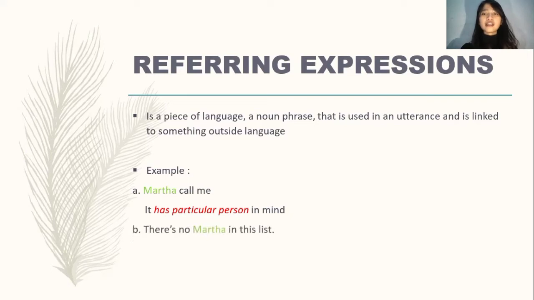And the second one is "There's no Martha in this list." It has no particular person in mind. Why? Because maybe in that list there are many Marthas, and we cannot specify, or we don't know, which Martha we're going to talk about.